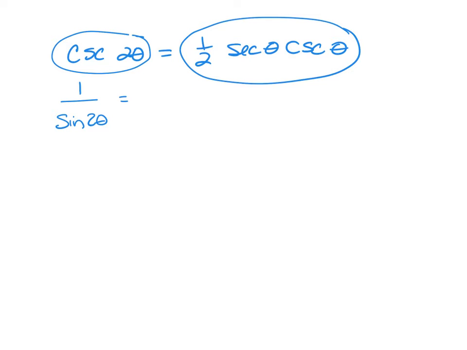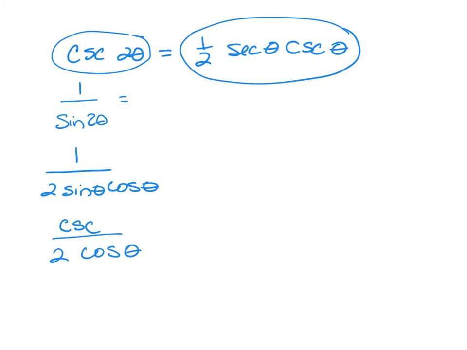What is the formula for sine of 2 theta? 2 sine theta cosine theta. Okay. And when I have a sine of theta downstairs and I want to move it upstairs, what does it change to? What's the reciprocal of sine? Cosecant. So it would be cosecant over 2 times cosine of theta.